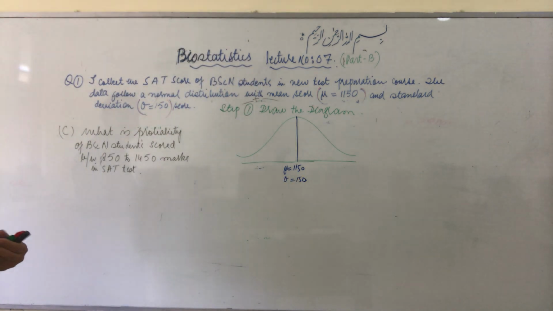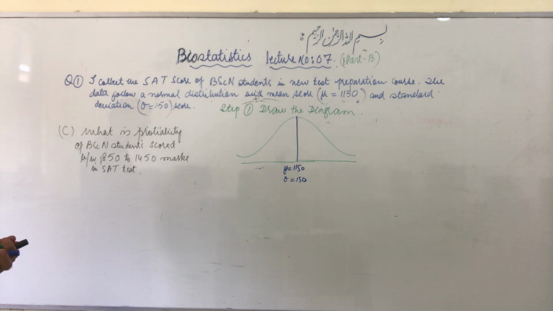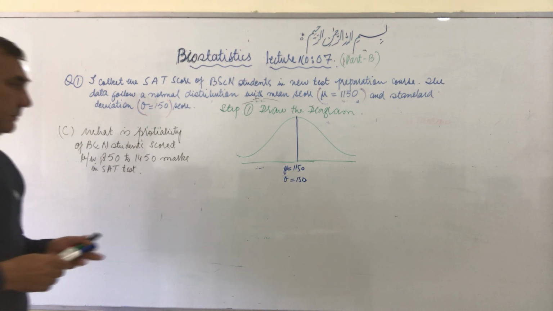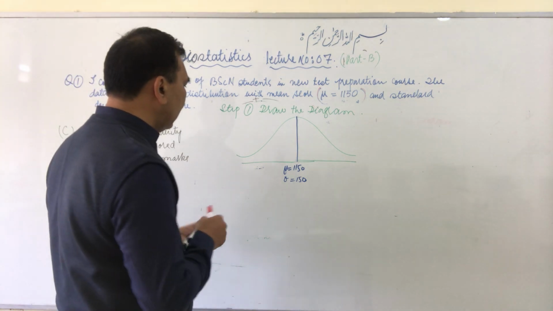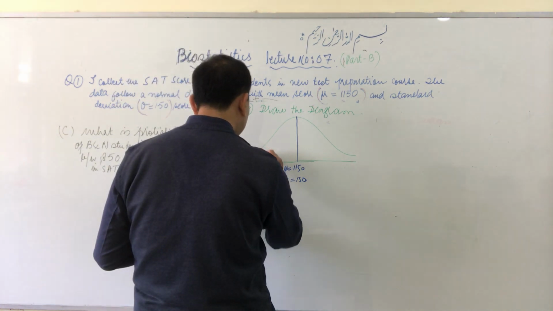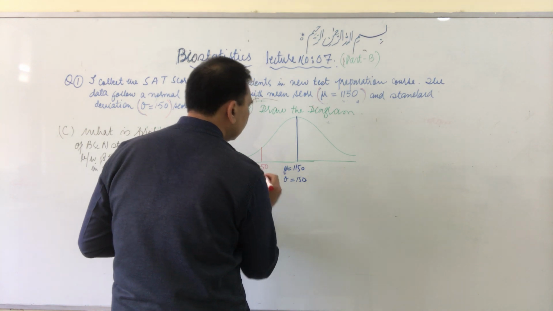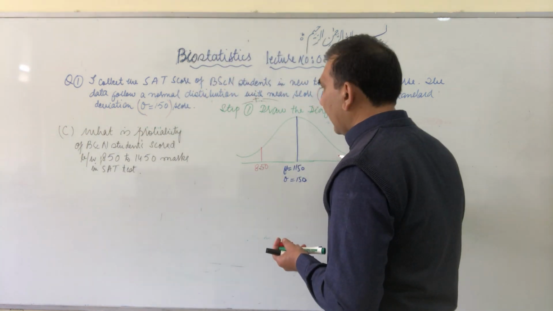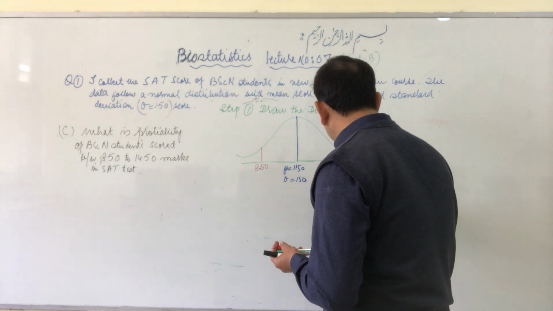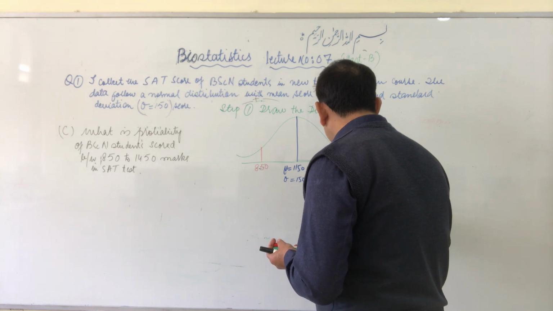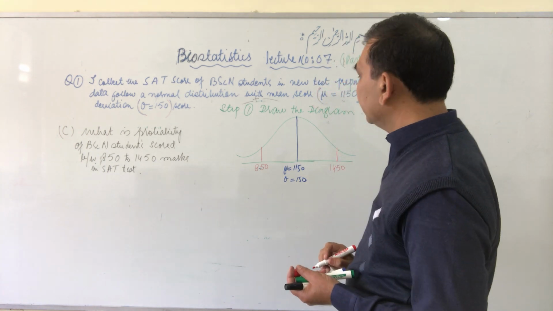Okay. Now in the question it is asking what is the probability between 850 and 1450. 850 will come up on the left side because it is less than the mean, and 1450 marks will come up on the right side.